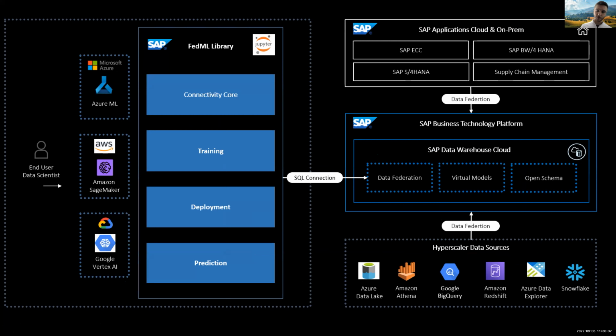Now, with the FedML library, you can run the script to combine and couple those data, to build your models, join tables, to then either use it in your native hyperscaler for the machine learning service in the hyperscaler, but also you can use it within Data Warehouse Cloud to extend it even further to visualize your prediction models. In this use case, retail data, to visualize it in SAC.